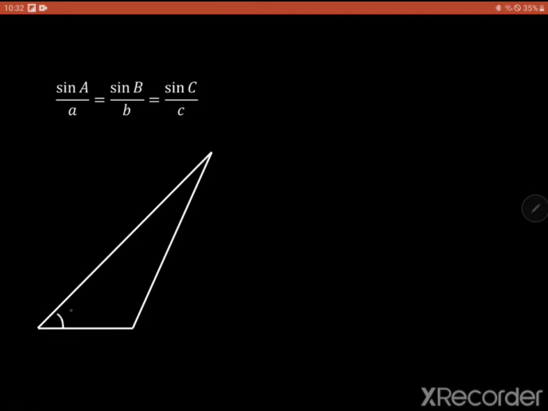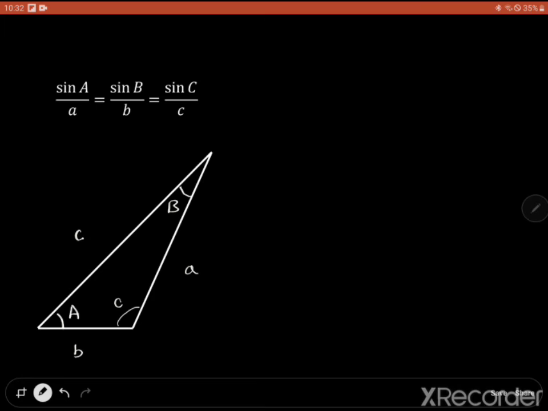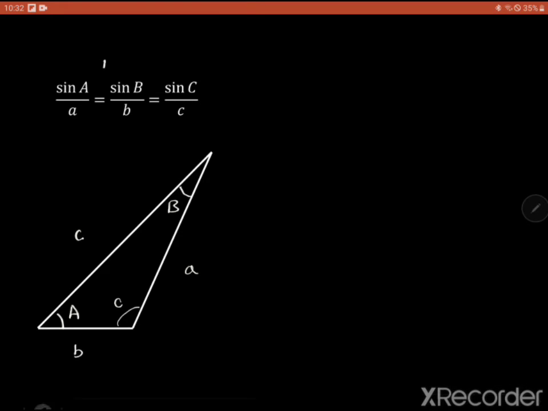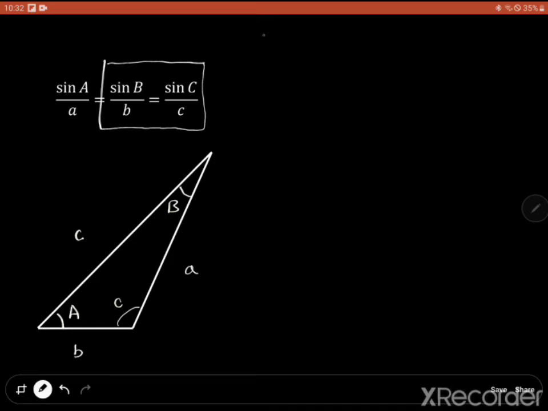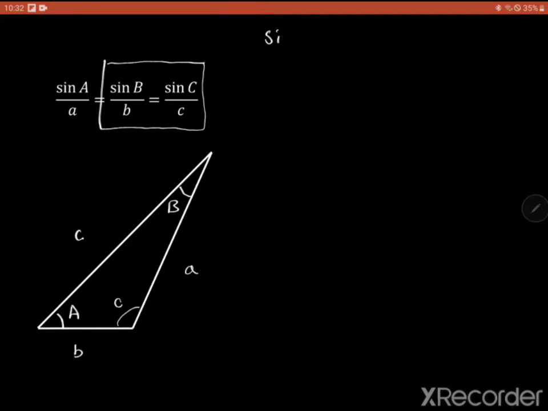Let's say the angle here is A, here B, and here C, and the lengths are a, b, and c. Let's take a part of the law of sine and rewrite it in terms of sine C: sine C is equal to c sine B over b.